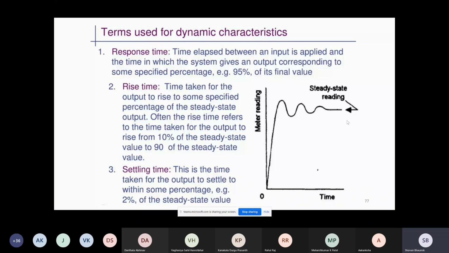Apart from rise time and settling time, there is peak overshoot or percentage of peak overshoot, peak time, and a few other parameters like undamped natural frequency and damped natural frequency. Those things we'll be discussing, and we will be finishing the second order system.